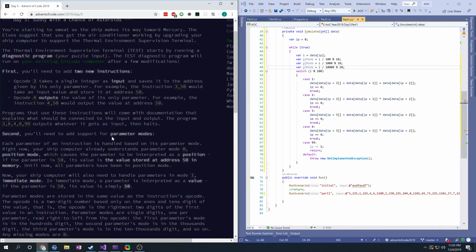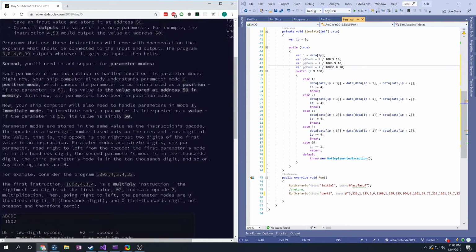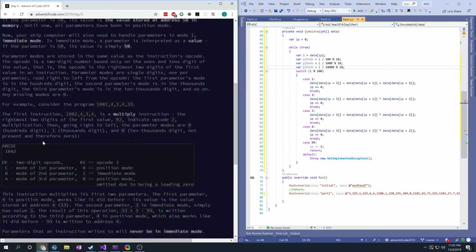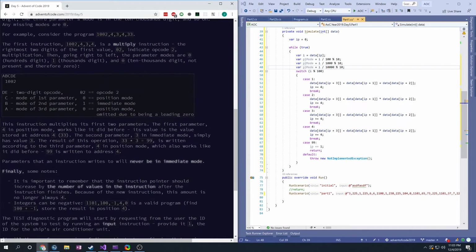Most of the time it applies to its parameters.